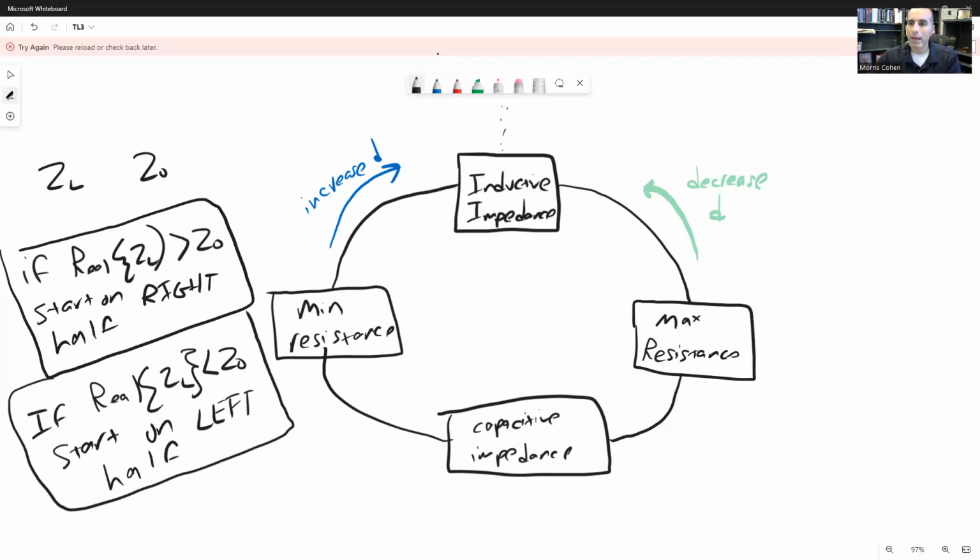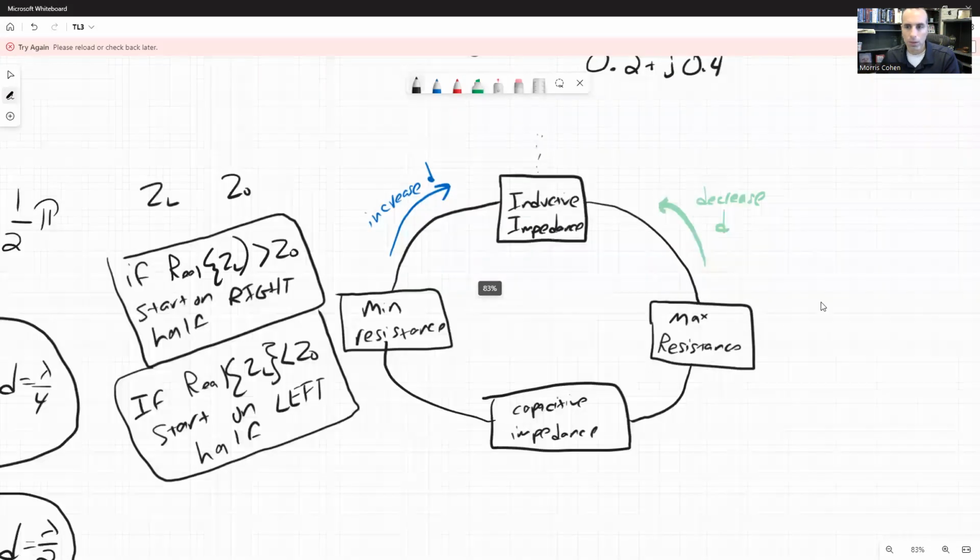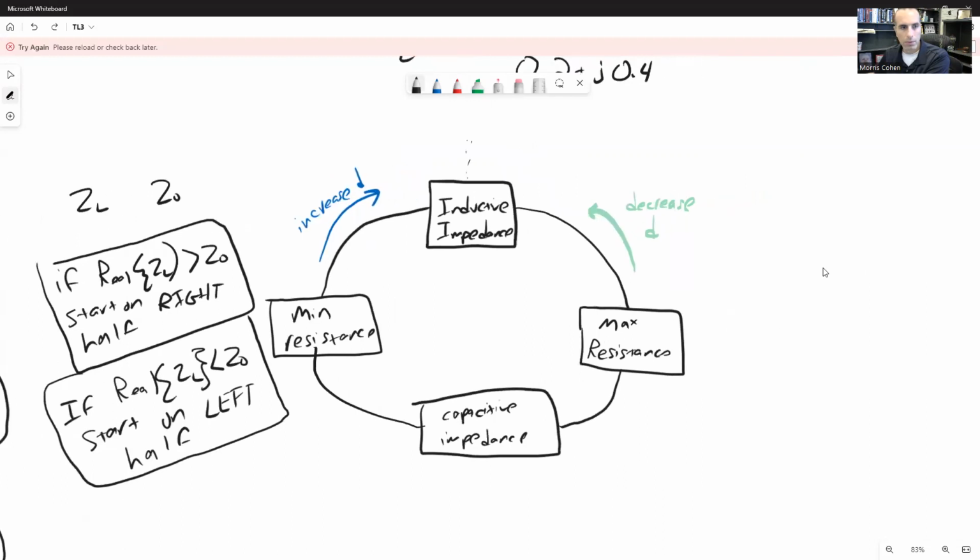Let's also talk about the imaginary part of our load impedance. If the imaginary part of ZL is greater than 0, we have a positive imaginary part on our load.